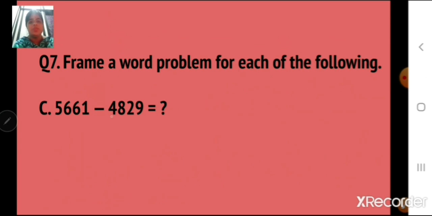In this, only one question is there, question number C. Note down the question properly, children. Take any concept, any idea and try to frame a word problem and also solve it. Write proper statements, do the subtraction operation properly and write the answer.